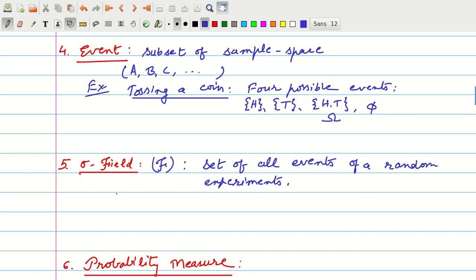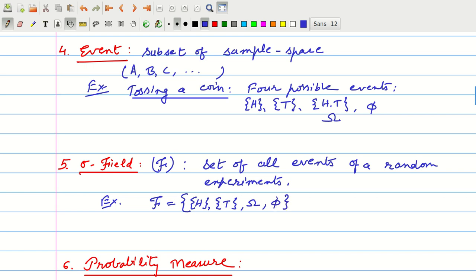For instance, if we continue our coin tossing example, then the sigma field will be a set whose elements are all subsets of the sample space, which are the elementary events h, t, heads, tails, the sample space itself omega and the null set phi.